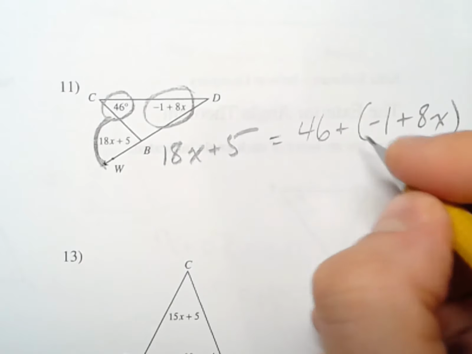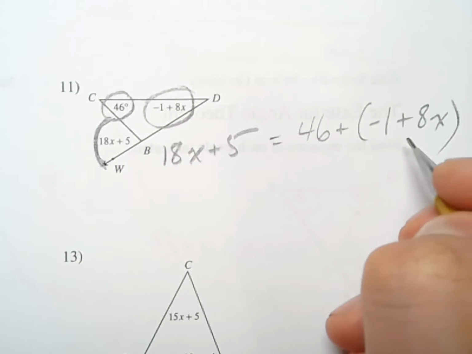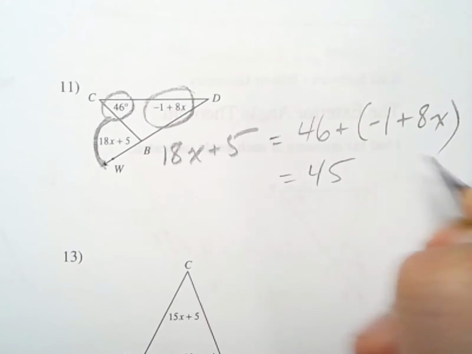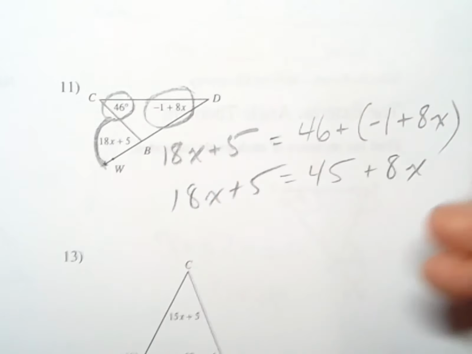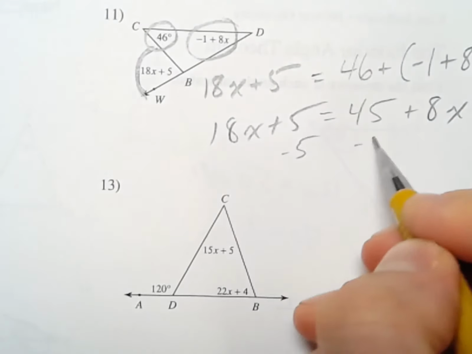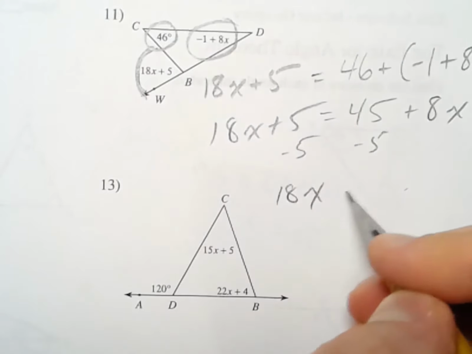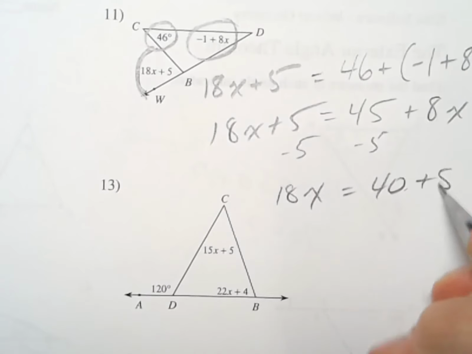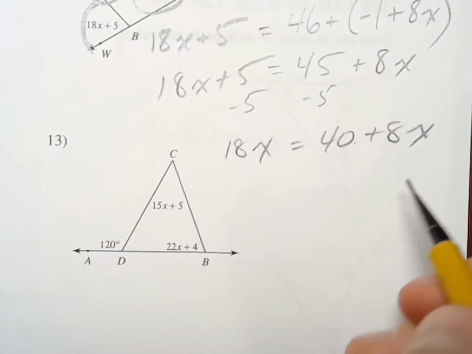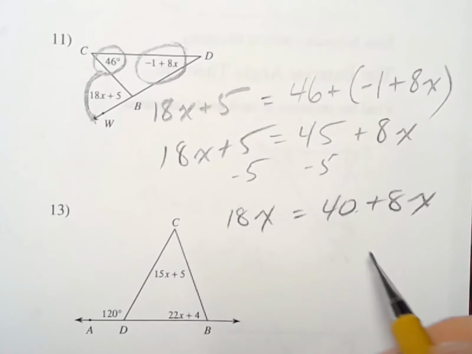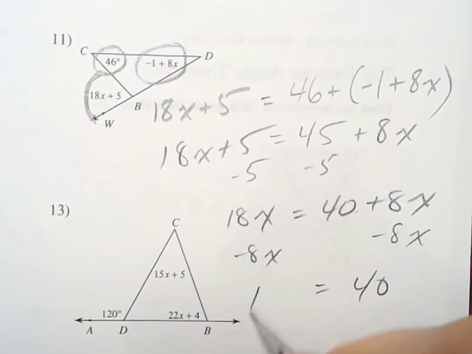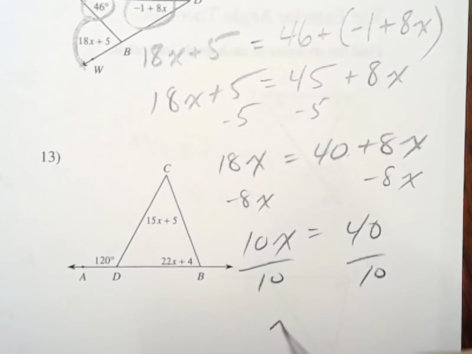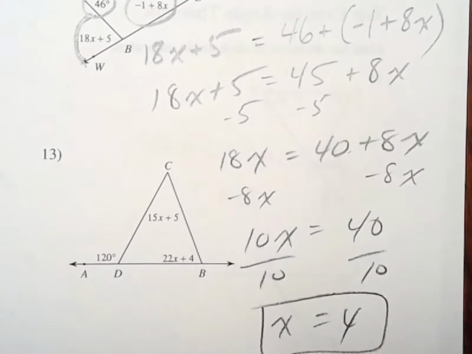So just going through all the motions here, I can actually just reduce this to 45 plus 8x, and that's an 18x plus 5. So if I subtract 5, I have 18x equals 40 plus 8x, and then I'm subtracting an 8x, and I get 40 equals 10x, and so x equals 4.